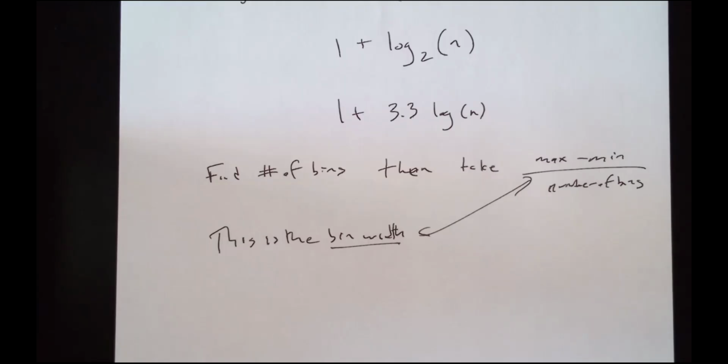On the other hand, if I use the other version and I go 6 bins, I get bins that are width 10. And grouping by tens makes more sense to me. There's something aesthetically pleasing about working by tens, right? Most of the time.